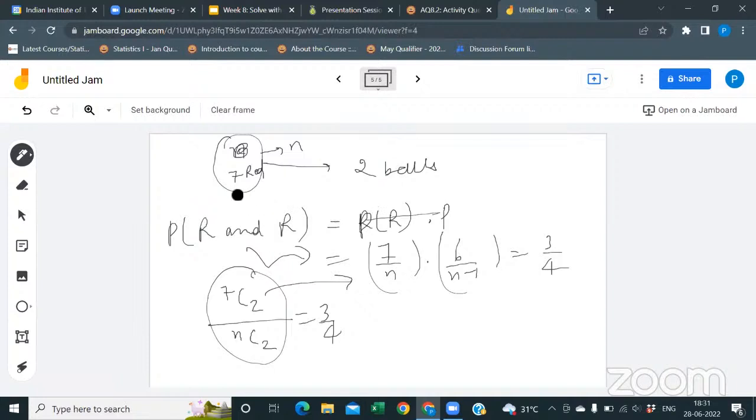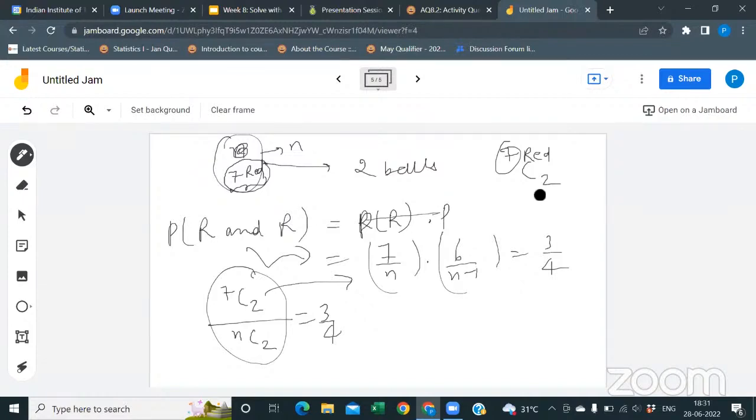See, you have to choose 2 red balls, right? Both balls should be red, and you have 7 red balls. Then in how many ways can you choose 2 red balls out of 7 balls? 7C2. That's it. Yes, sir.